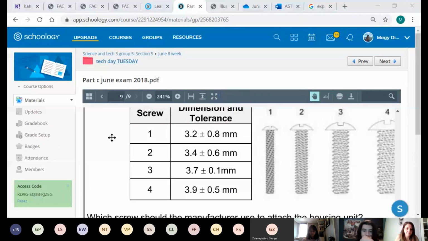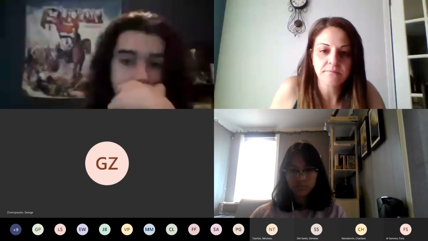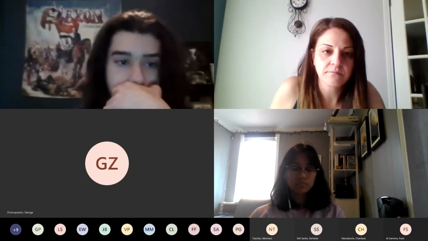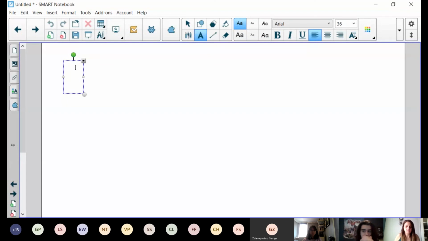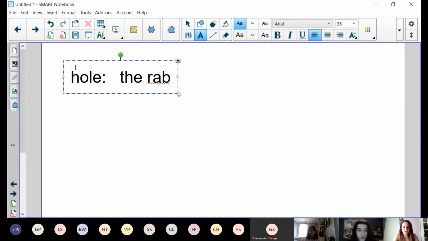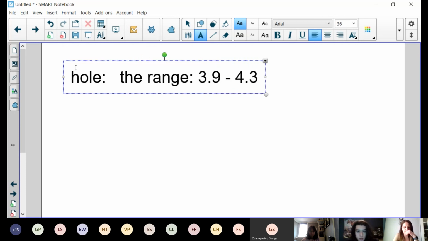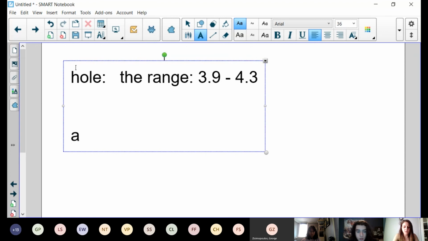So to start with, the range for the hole is anywhere between 3.9 and 4.3. Okay, screw number 1. It says 3.2, give or take 0.8.